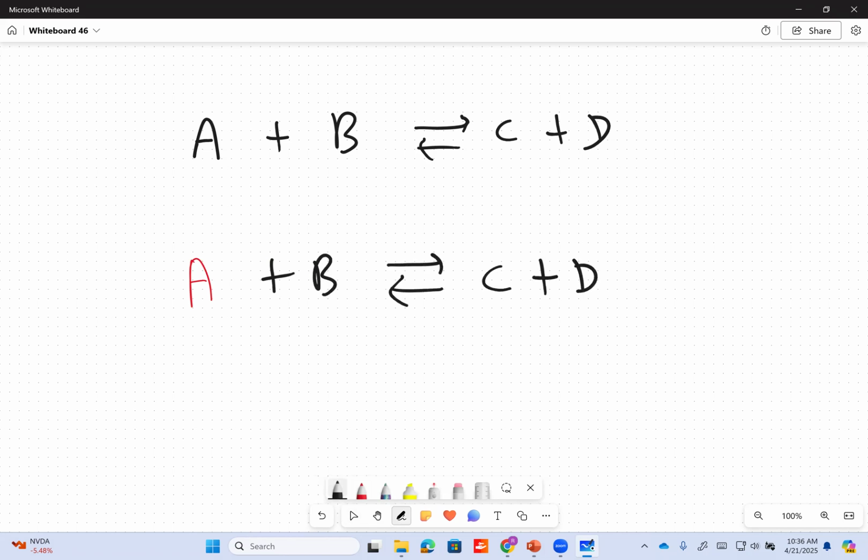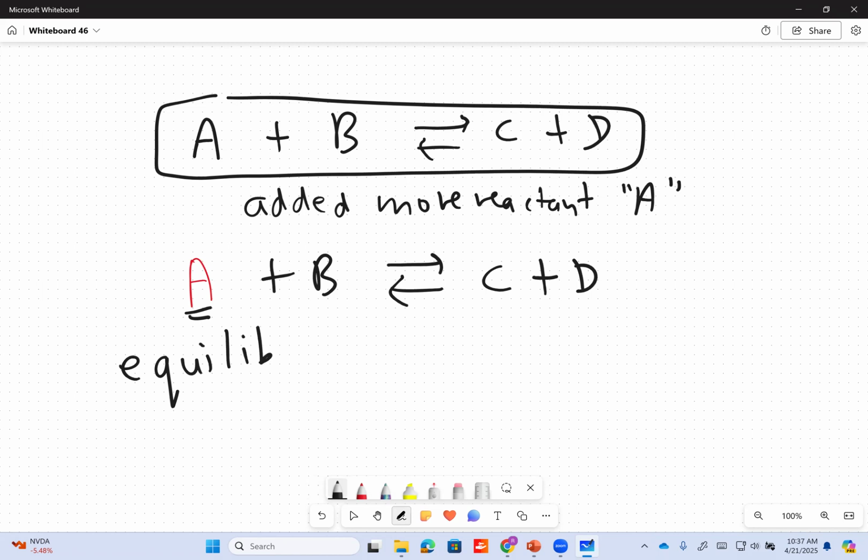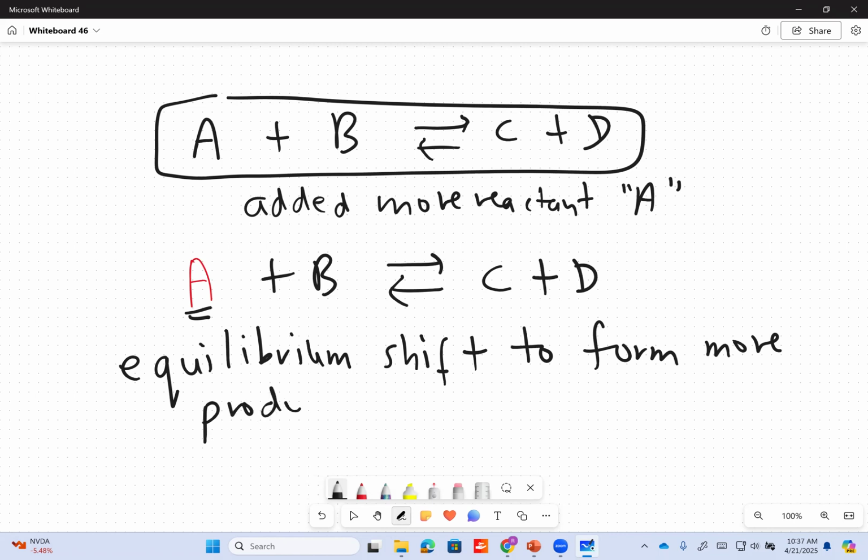Now what happens is, again, this was at equilibrium, and you added more reactant A. That's why this is in red. When you add more reactant, the result is that the equilibrium shifts to form more products, which is the same as saying the equilibrium shifts to the right.